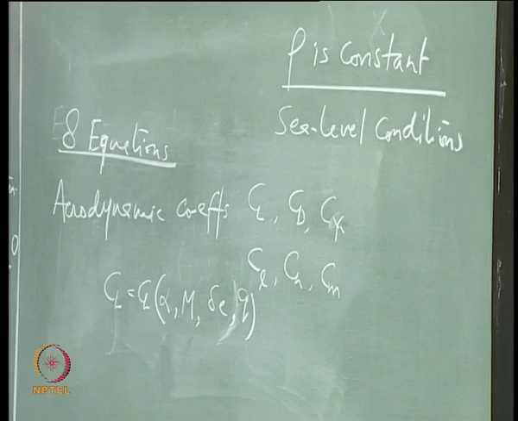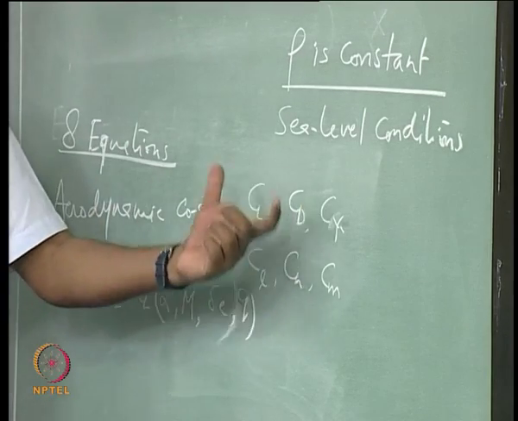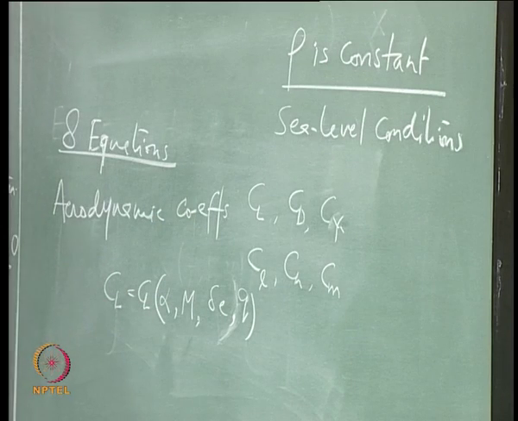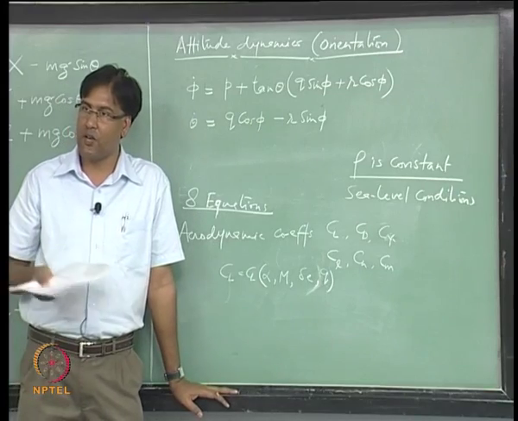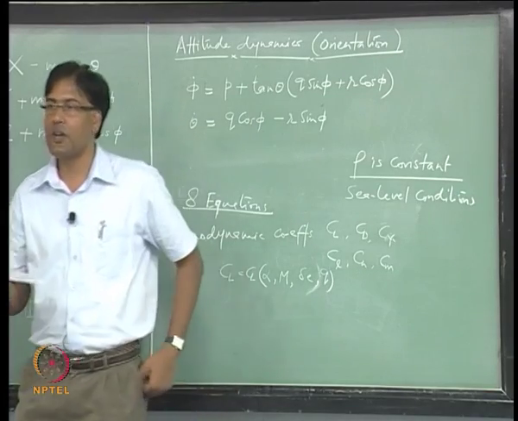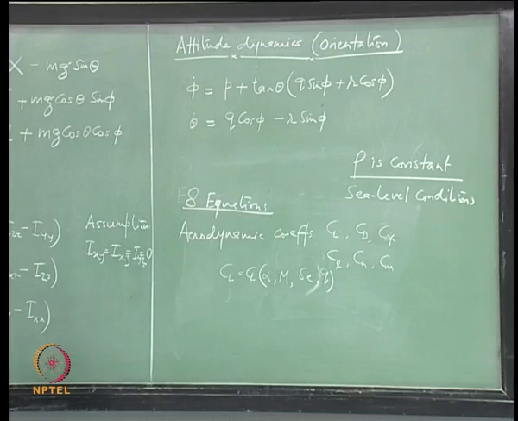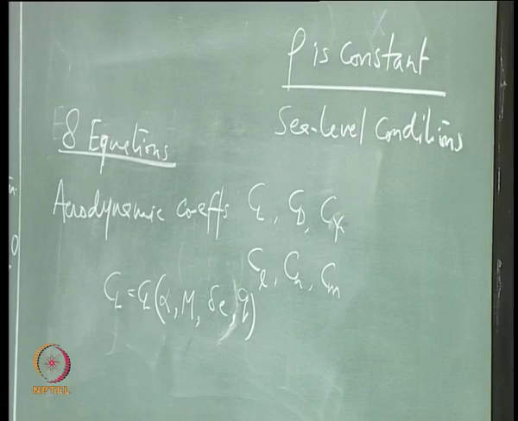regime of flight. Similarly, we have all these aerodynamic coefficients depending upon all the variables, right, particularly alpha, beta and the rates, because rates are going to affect the flow field around the aircraft, and that in turn is going to affect the forces and moments, isn't it?